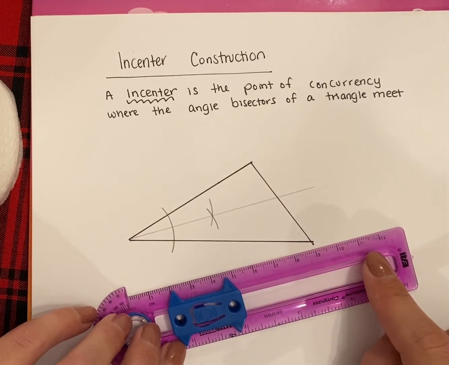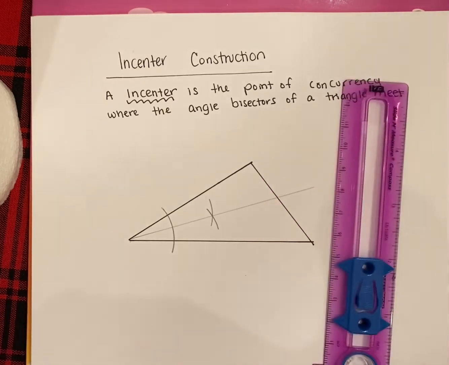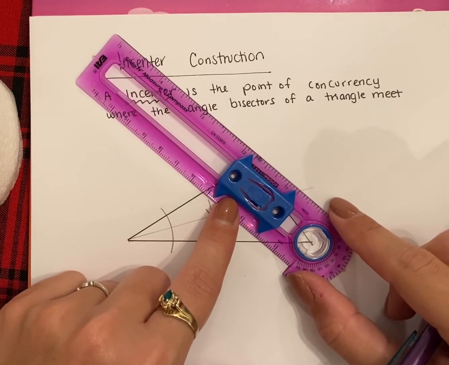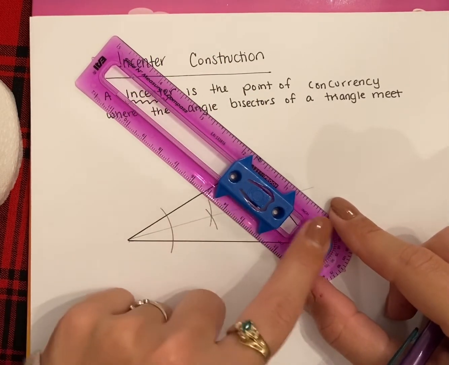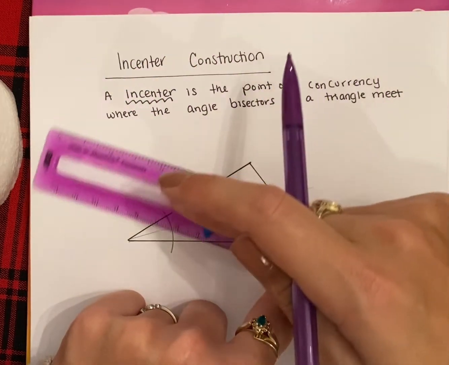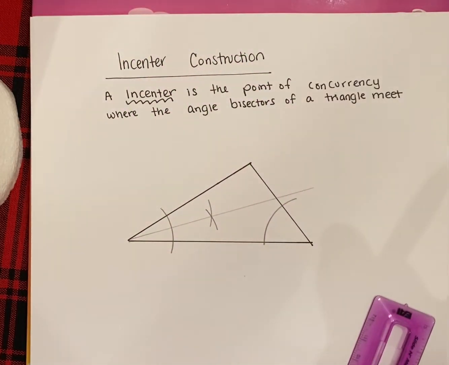I'm gonna do the same thing to another one of the angles. So this time I'll use this one over here. I'm just gonna try to use that same setting and not move it around at all.